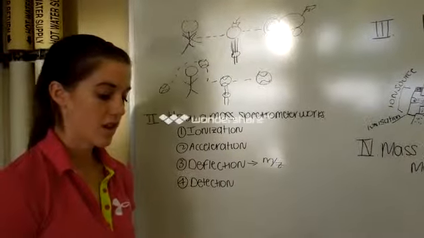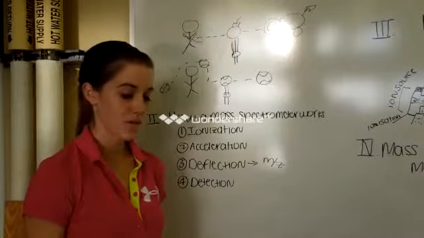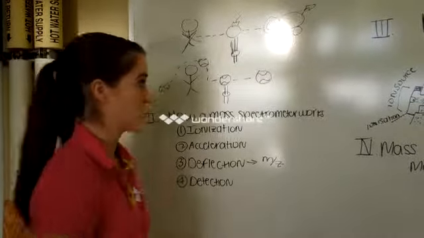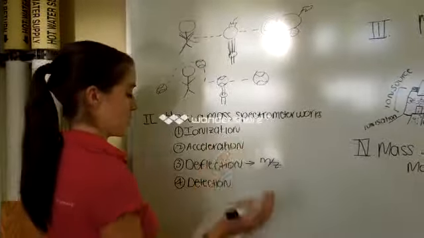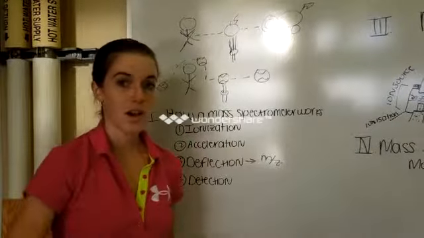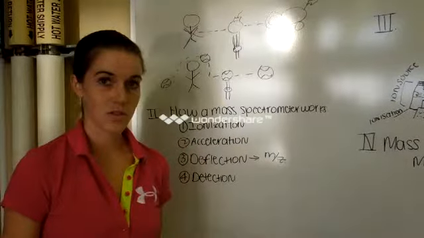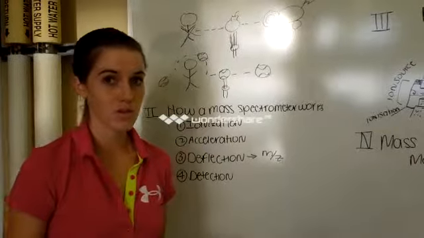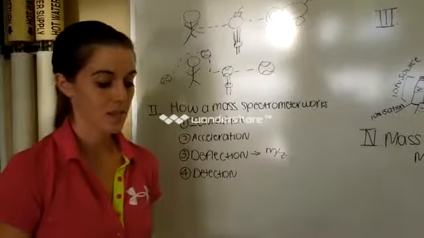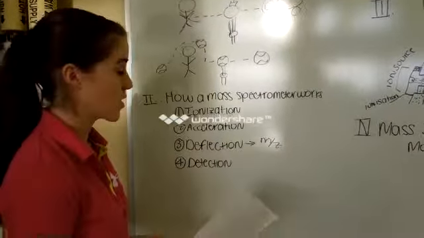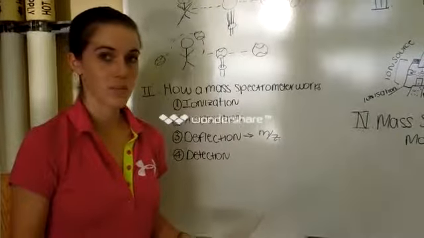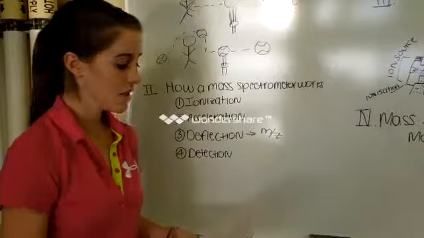In deflection, the ions are deflected by a magnetic field according to their masses. And this relates to the example I said earlier. You have a lighter particle, you have more deflection. A heavier particle probably has less deflection. And another example is the more an ion is charged, the more deflection you get.